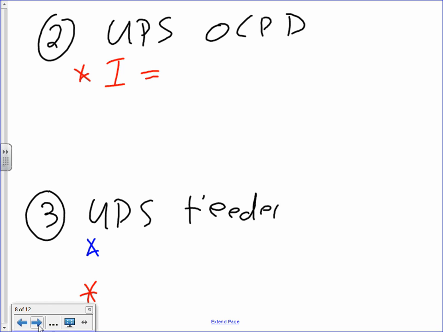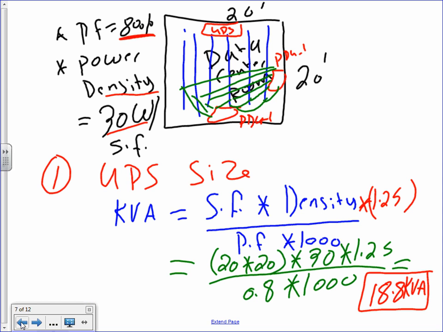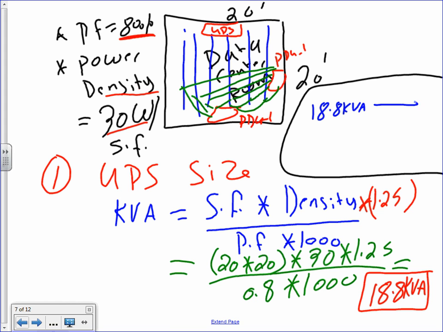So, before that, I need to find the actual size. Here's what I'm going to do, if you don't mind me putting it right in here. I'm going to take the 18.8 kVA. I gave you guys a couple of sizes on 3-13. Do you guys have the sheet that you copied from DeWalt that we had?